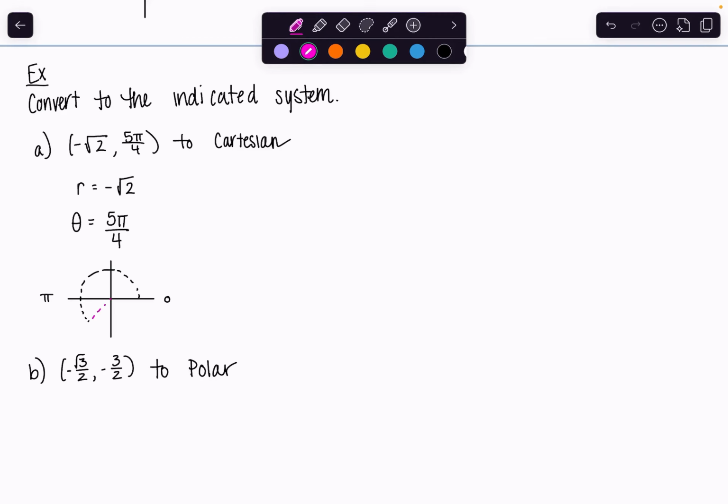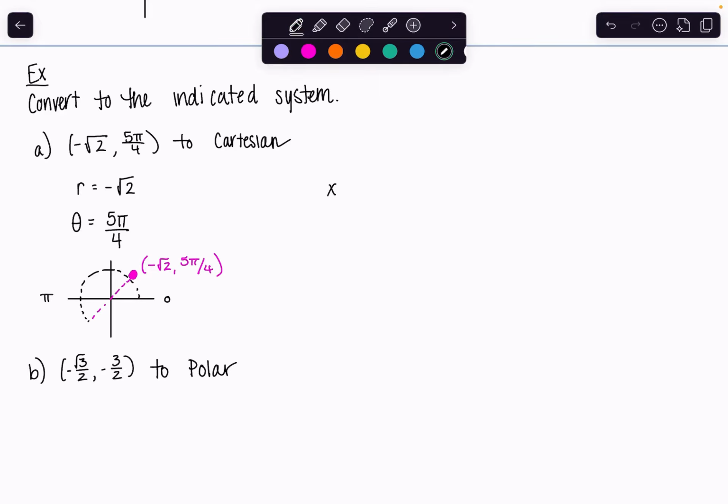So that tells us we shoot through the pole and we land back here. So this is negative root 2, 5 pi over 4. Okay. So we're cutting through in a straight line, which again is really 180 degrees.